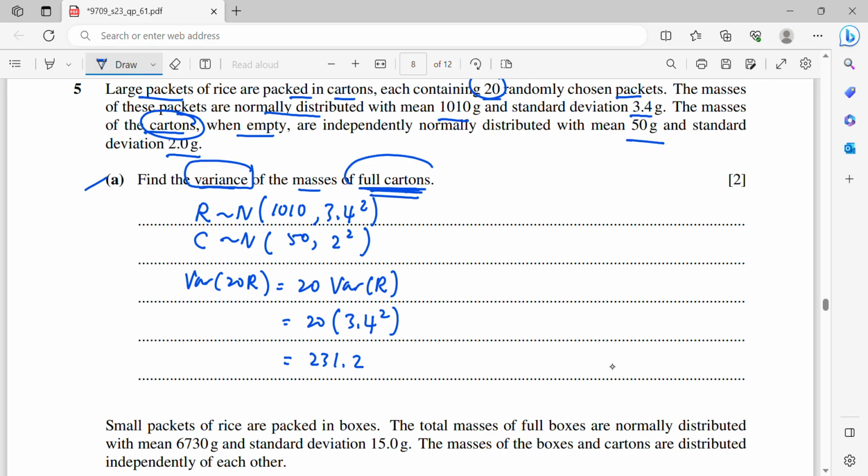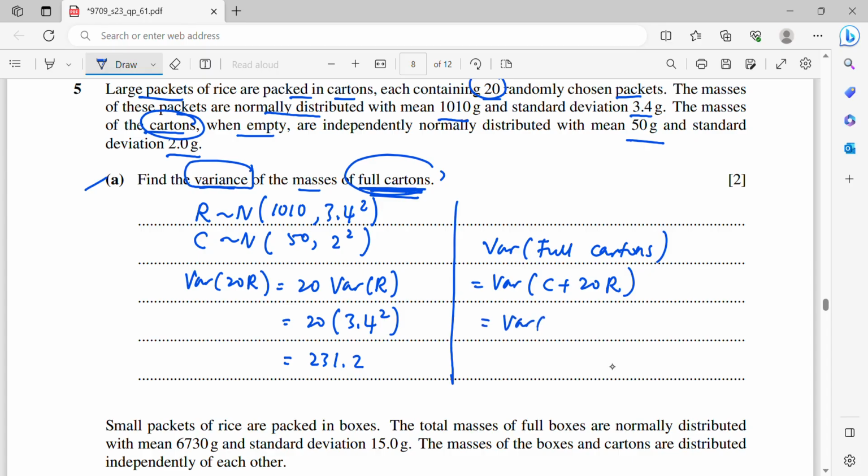Now I need to get the full carton. So variance of C plus 20R. I will write here variance of full cartons equals variance of C plus 20R, which is variance C plus variance 20R.